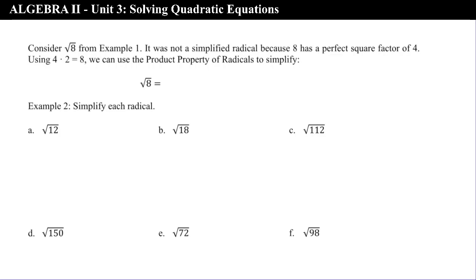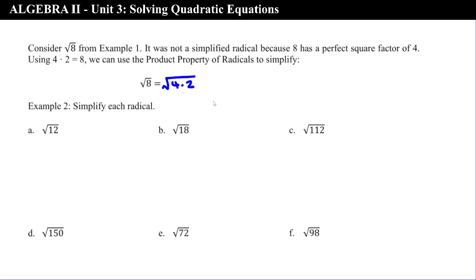Consider the square root of 8 from example 1. It was not simplified because 8 has a perfect square factor of 4. Using 4 times 2 equals 8, we can use the product property of radicals to simplify this down. So we can rewrite the square root of 8 as the square root of 4 times 2. Well, this is a product property, right?